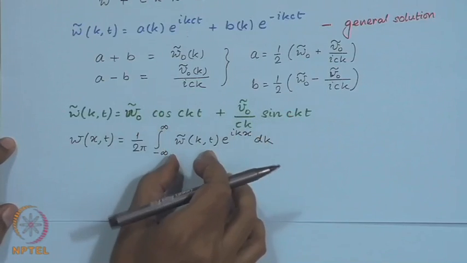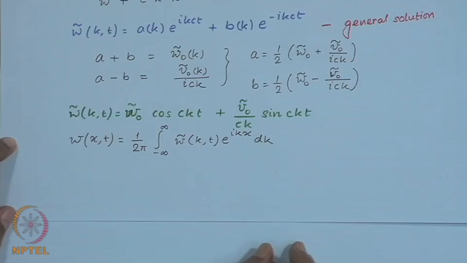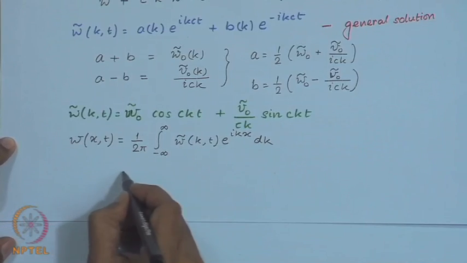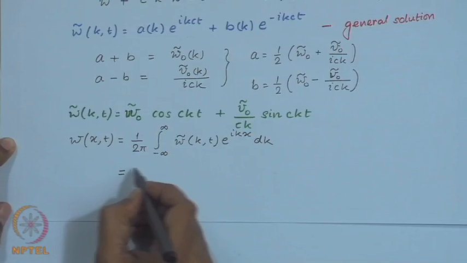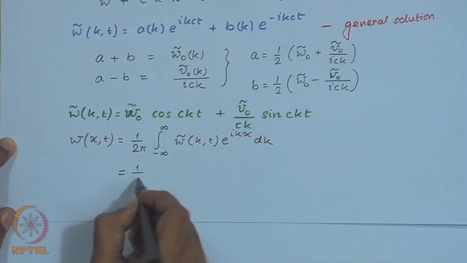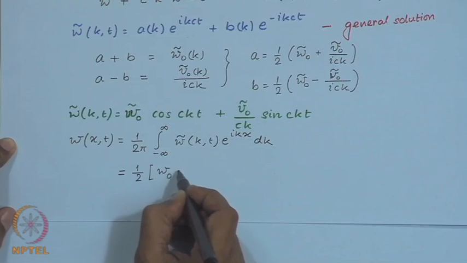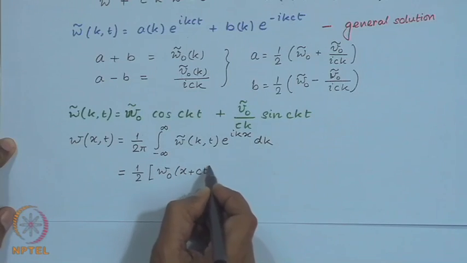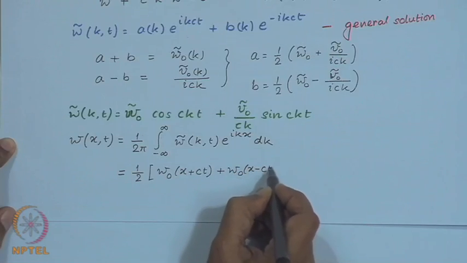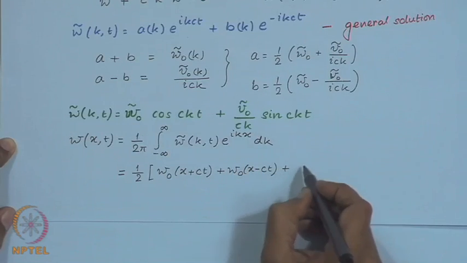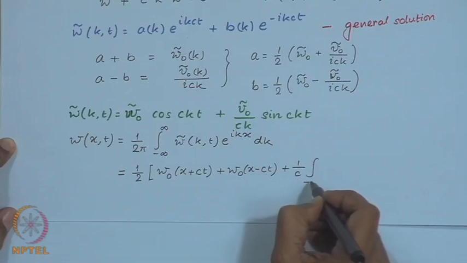Once you substitute this here and perform the Fourier integral, which is straightforward, you can get to the solution which we had obtained before.